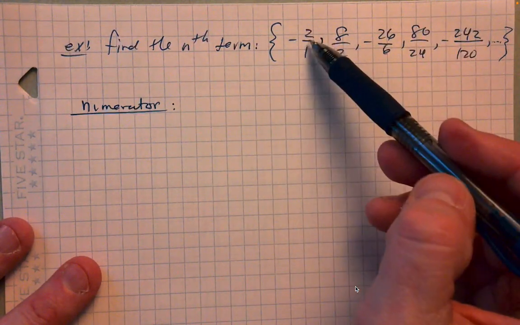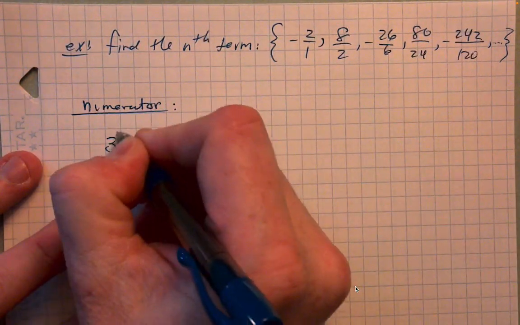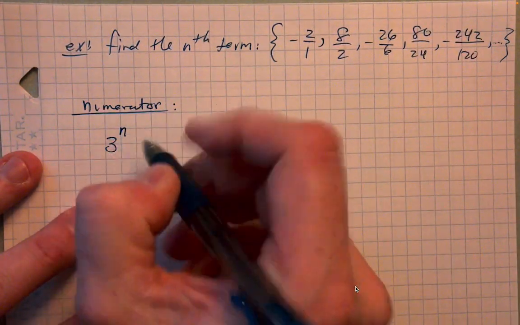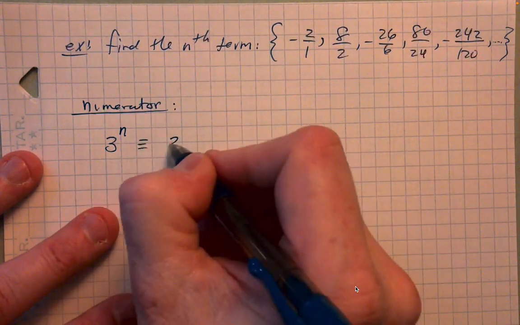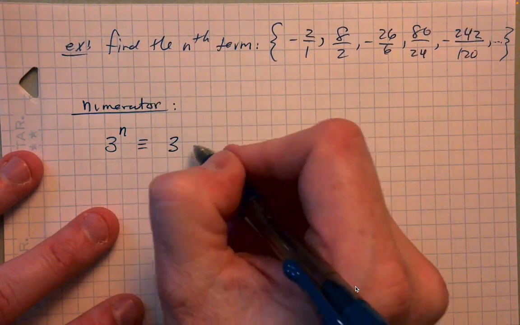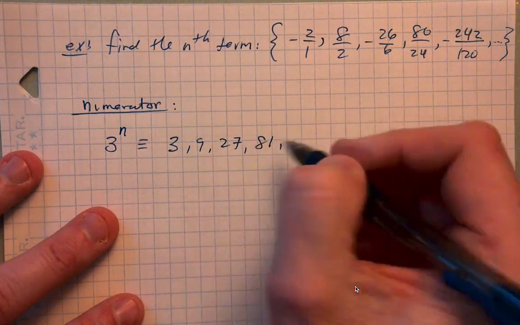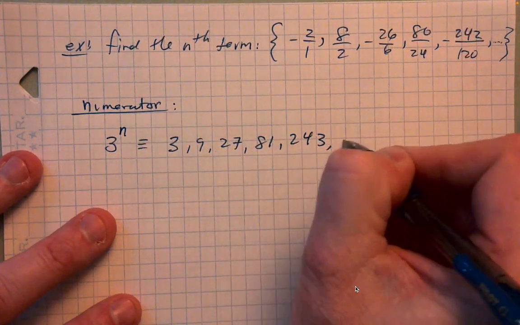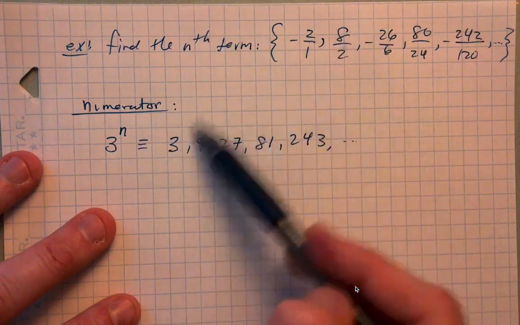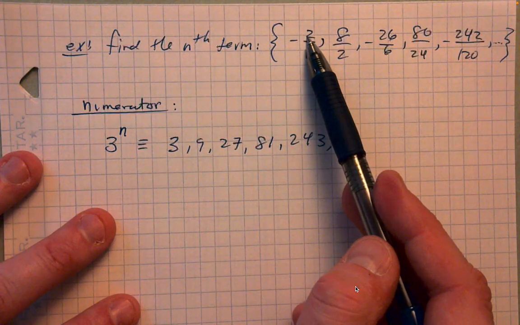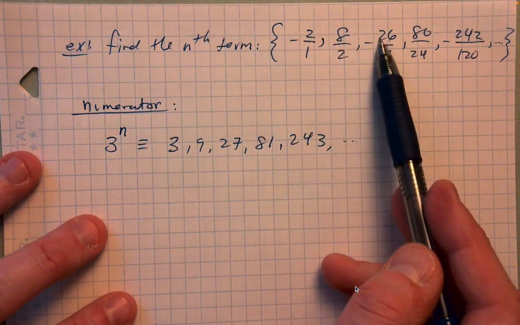One thing you might notice is, if you think about 3 to the nth, it produces 3, 9, 27, 81, and 243. So you can see that these numerators are like 3 to the first power minus 1, 3 squared minus 1, 3 to the third minus 1.